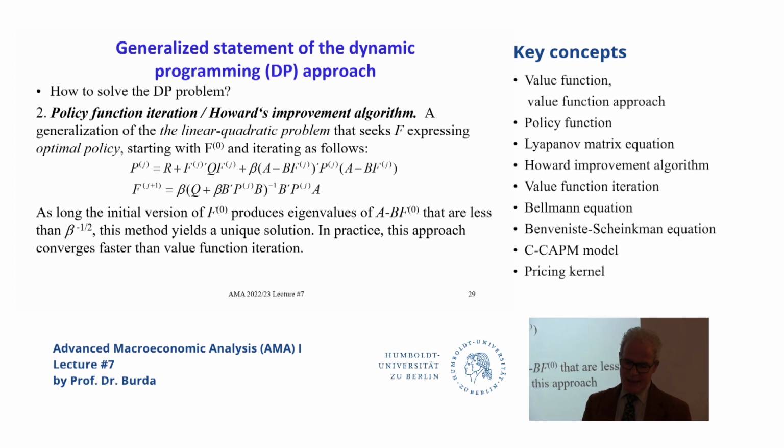It induces a p, which is the implied value function matrix that flows from your guess f. And then you can re-optimize, find the new f implied by that p, and is it consistent with your initial guess? Is it far away or close? So you're looking at the distance between the policy vector in the j plus 1th iteration compared to what you started with. This tends to converge more rapidly.